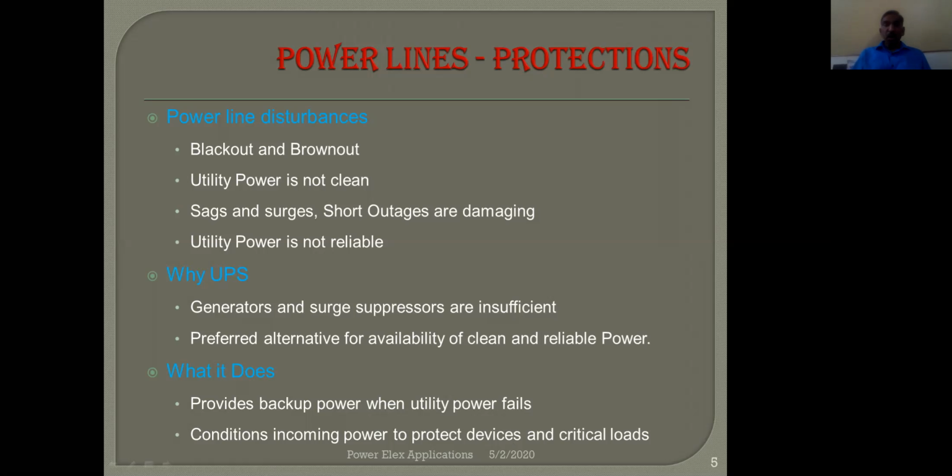So what does it do? Its first purpose is backup and standby for mains power. But remember, it's backup and standby only. It cannot provide power for hours and days together. And the second purpose, which is more important, is conditioning of incoming power to protect your devices and critical loads, which cannot survive shocks or major fluctuations.